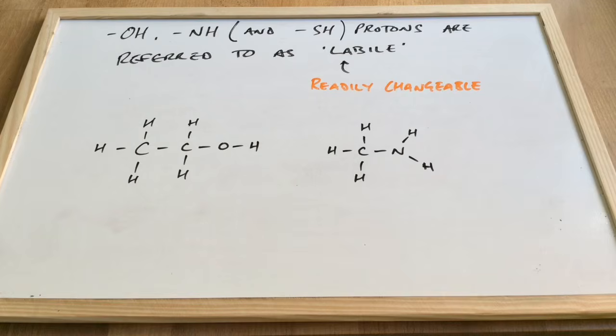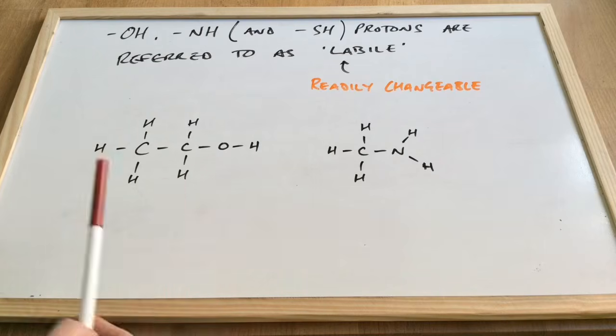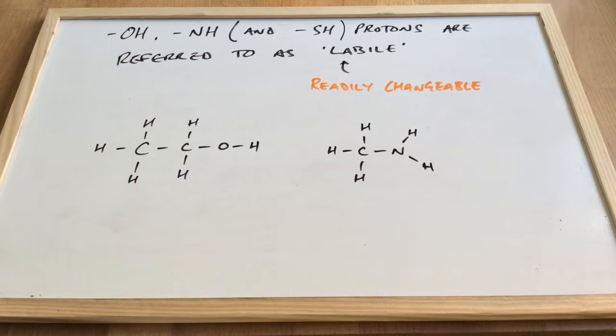So I've drawn up an ethanol molecule on the left there and a methylamine molecule on the right. So they contain these labile protons. So there's the labile proton in ethanol, and these are both labile protons in the amine.